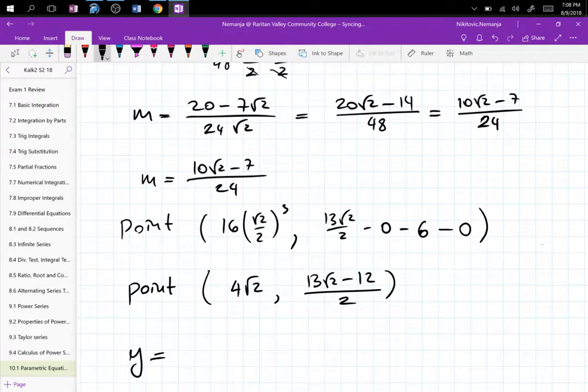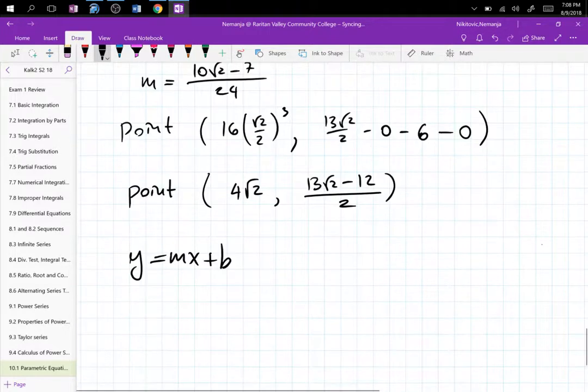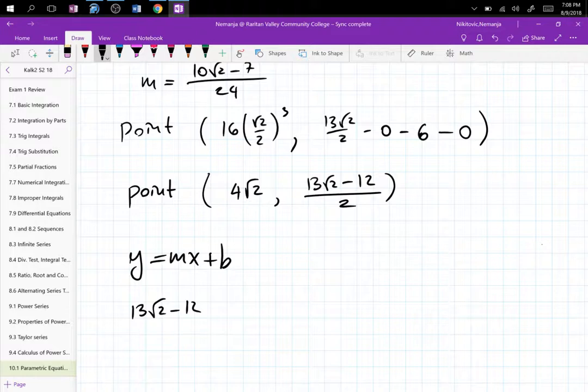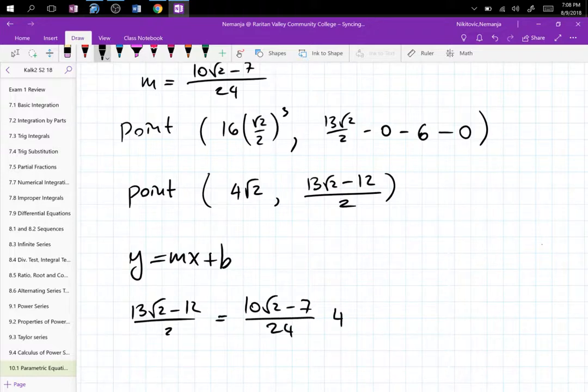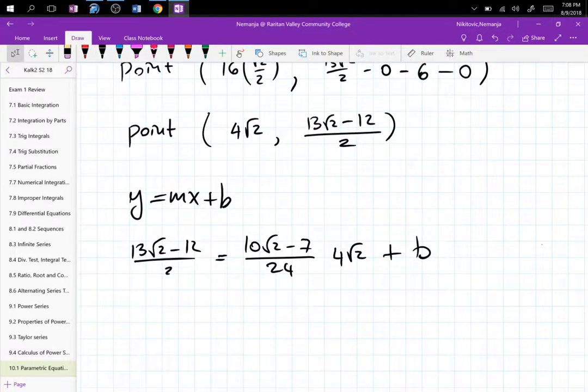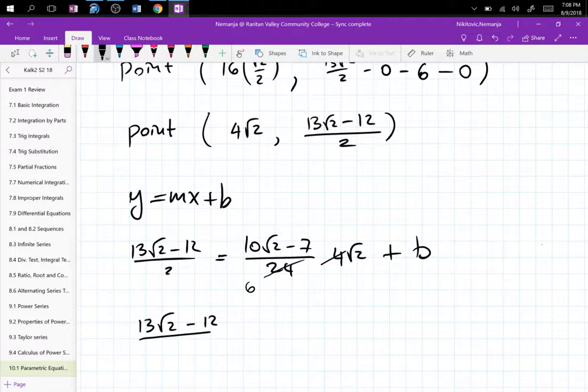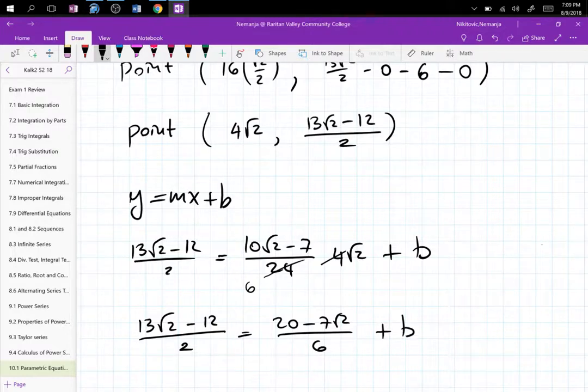y equals mx plus b. Your y, 13 root 2 minus 12 over 2, is equal to the slope, 10 root 2 minus 7 over 24, times x, which is 4 root 2, plus b. And this is what calculates our b. So 4 and 24 cancel, we get a 6, and root 2 multiplies on top. So 13 root 2 minus 12 over 2 is equal to 20 minus 7 root 2 over 6 plus b.